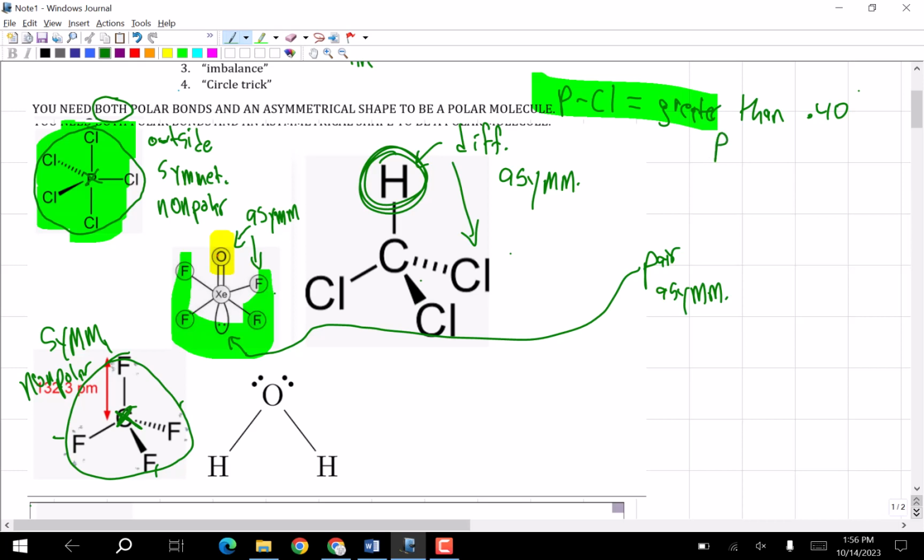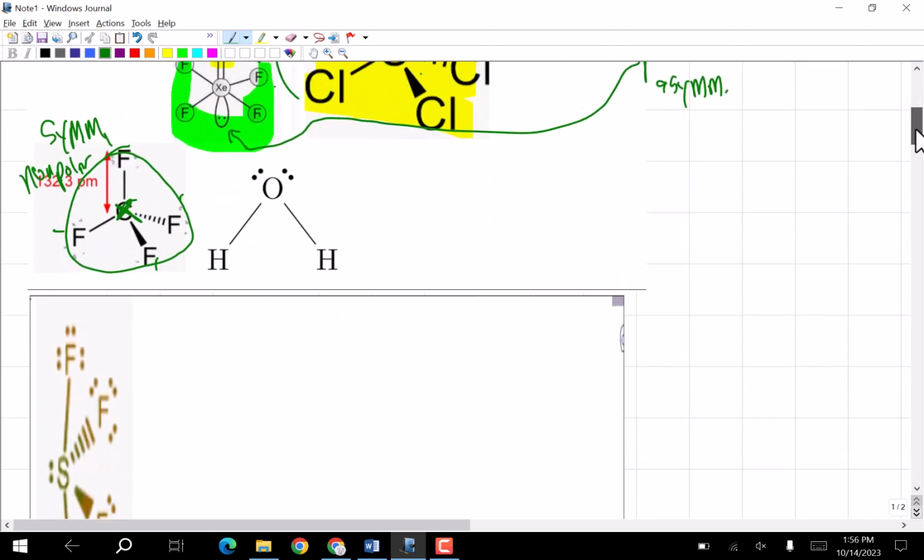So it's polar. This guy right here, honestly, when you've got a different atom, you're always going to be polar. And that lone pair and this guy right here will always be polar. I'll show you some that are asymmetrical, non-polar here in a second.